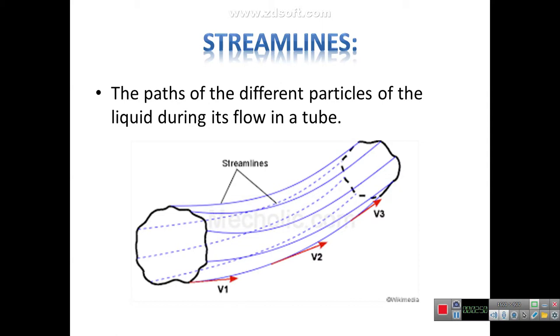Number four, streamlines cram up at points of high velocity, so their density increases, and keep apart at points of low velocity, so their density decreases, because the velocity of liquid flow at a point is determined by the number of streamlines that pass normally through unit area at that point.